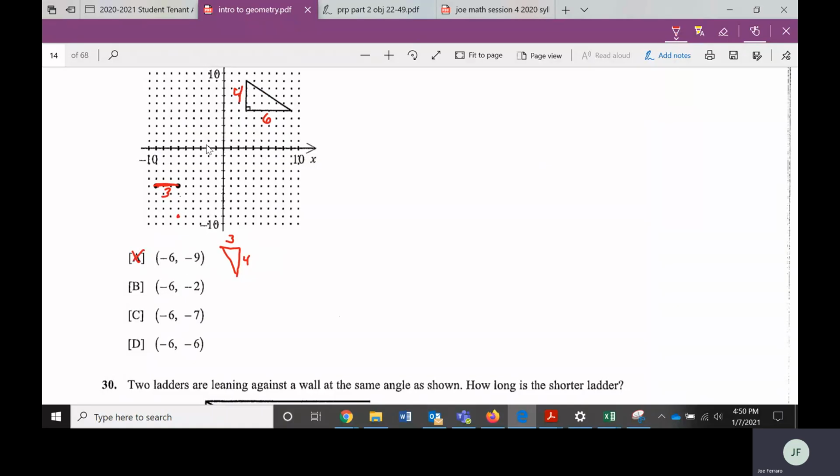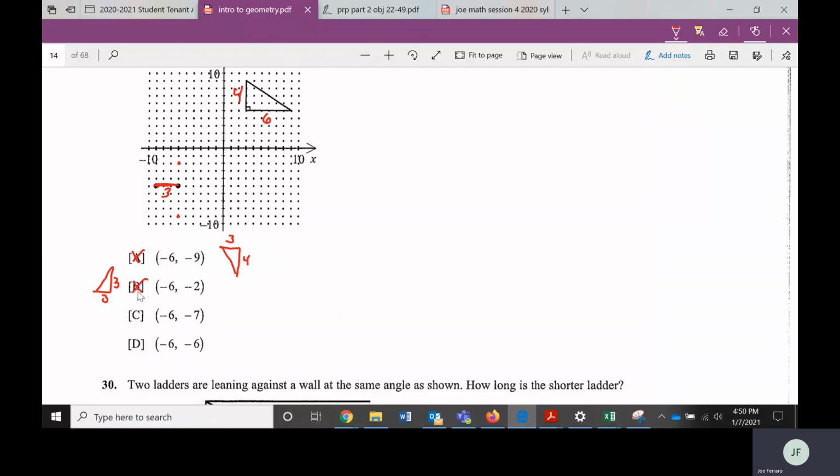It's -6, -2. So -6 is over here. -2 would be right here. So this would be 1, 2, 3. So our triangle would look like this. That's a bad picture, but we'd have 3 there and 3 there. So 3 there, 3 here. Again, if this side is half of this, well, this side's not half of that side.